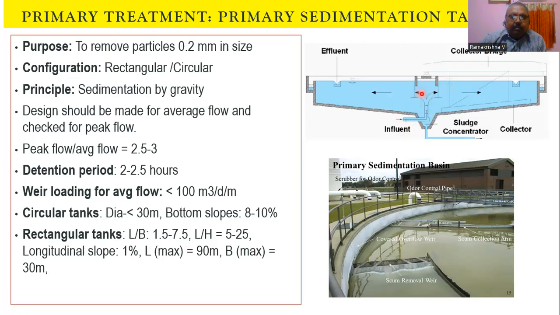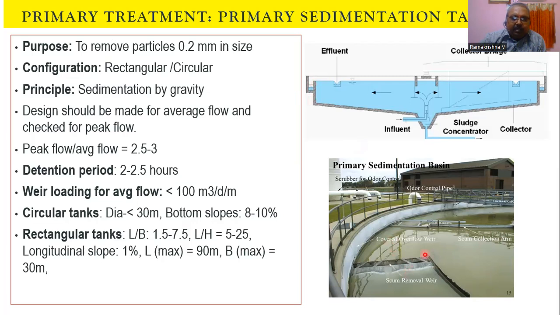And then water slowly enters into the tank radially in both directions. After the treatment is completed, this wastewater will be going through an outlet channel here. This is the outlet channel, and this is along the circumference of the entire sedimentation tank.